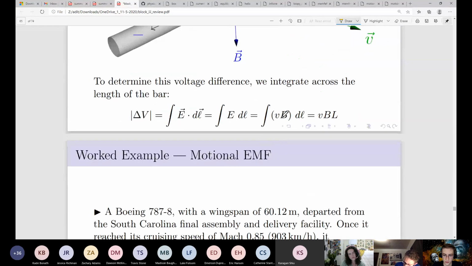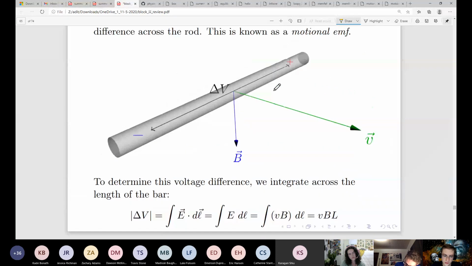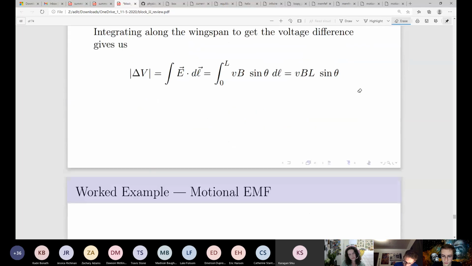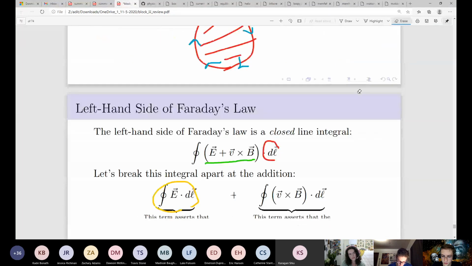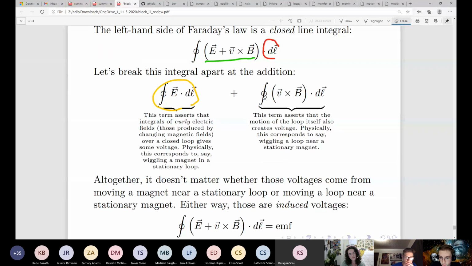There it was an integral of vB dl. It's a little bit different because Faraday's law is necessarily on a closed loop, so we couldn't apply Faraday's law there because there's no closed loop that we could have considered. But that's just a thing to consider. Let's go back. Here it is. The closed line integral of v cross B dot dl, that's a voltage that comes about by virtue of moving a loop with respect to a stationary B field, hence the velocity.